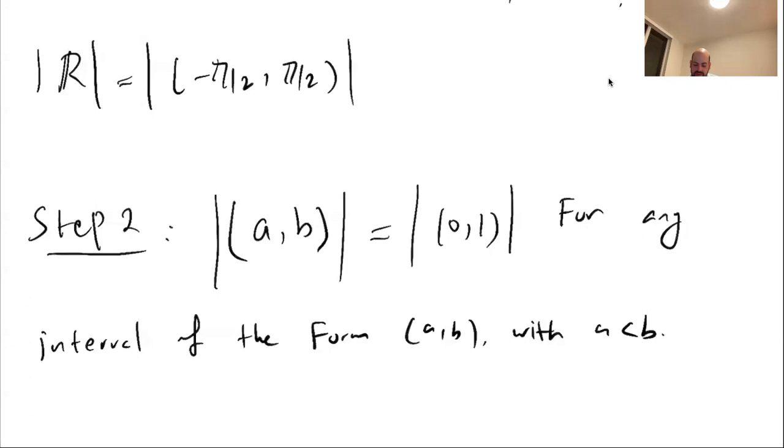Now, is there a set A such that cardinality A is between these two? Cardinality A is bigger than cardinality of natural numbers, but less than cardinality R.